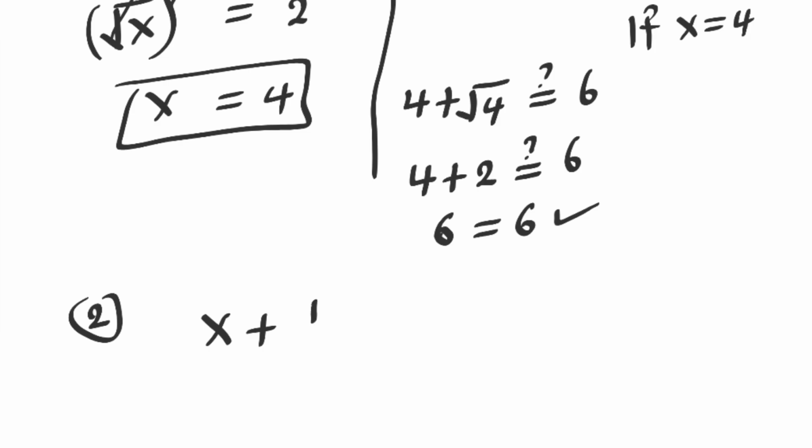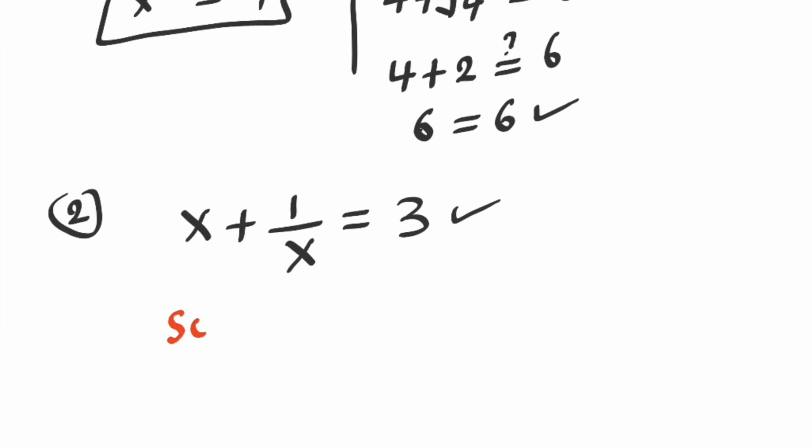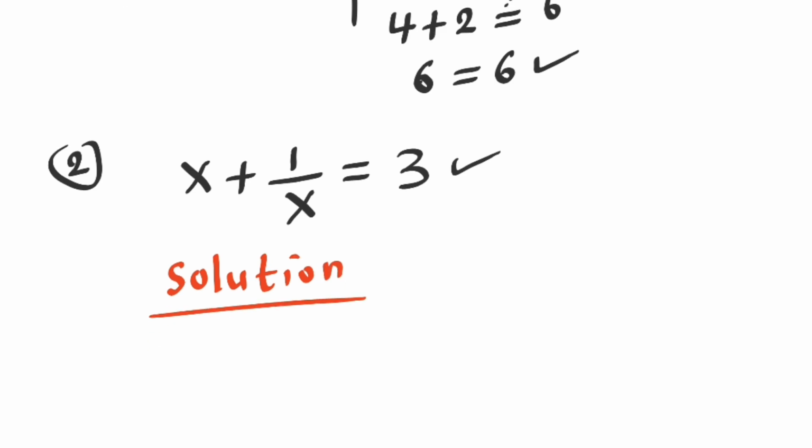S plus 1 over s is equal to 3. This is the second equation. Solution. Now here, this is over 1 and this is over 1. So the LCM here is s.